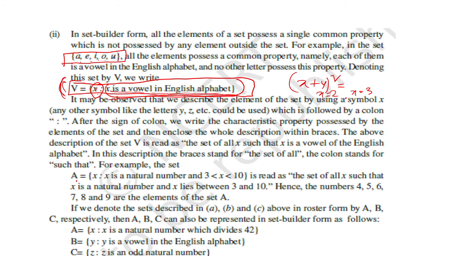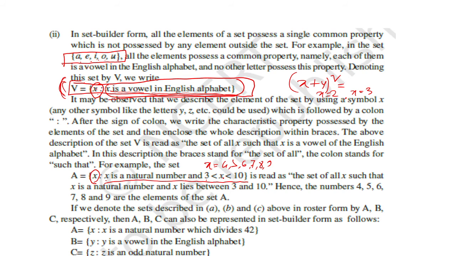That means this natural number can take the value X equal to 4, 5, 6, 7, 8, 9. It cannot take the value 3, because for taking the value 3 there should be a less than or equal sign, and a greater than or equal sign here also.